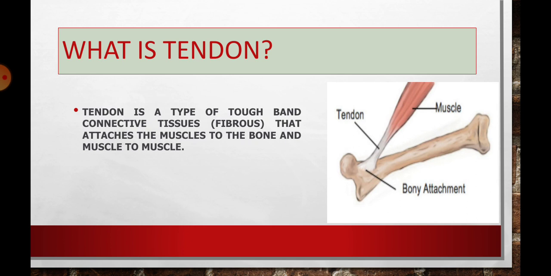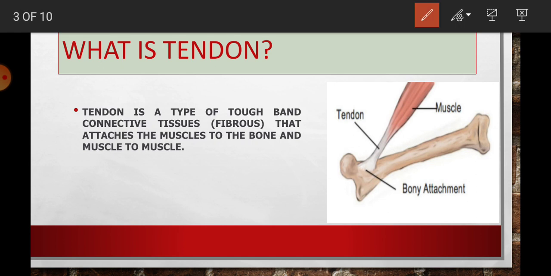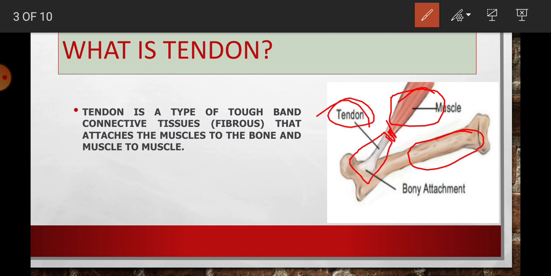In this figure we are seeing this is muscle and this is a bone, and at the end of the muscle this structure, this is tendon, and the muscles are joined to the bones by the tendon.